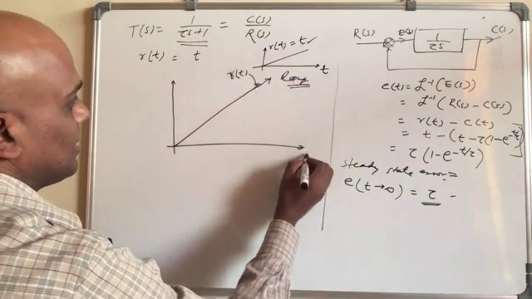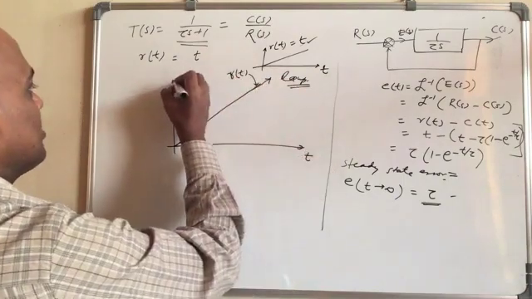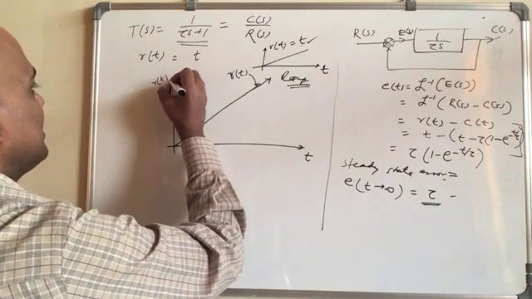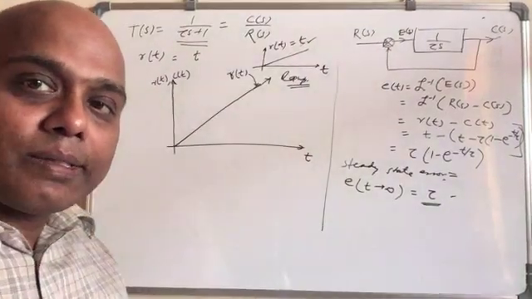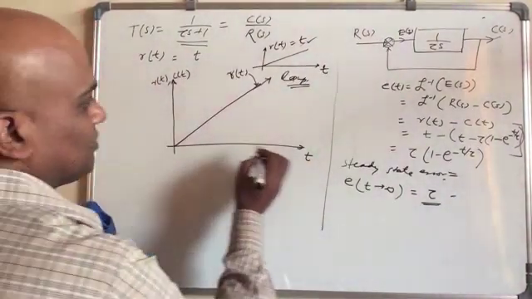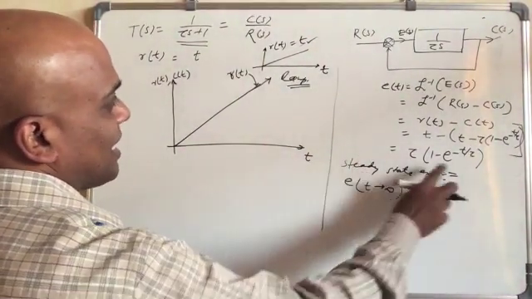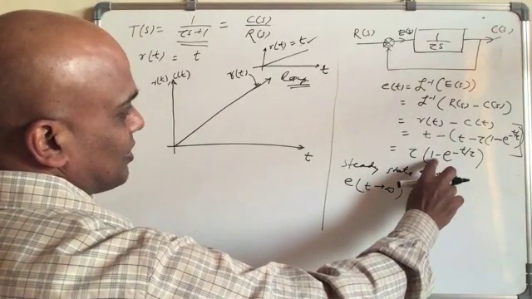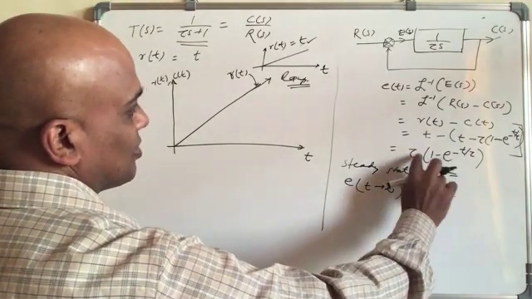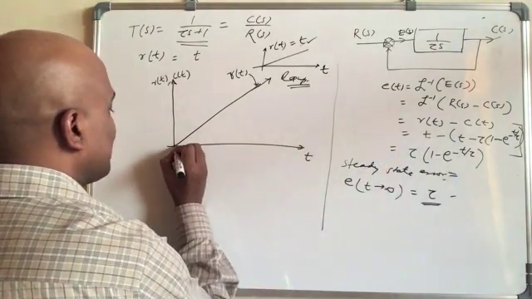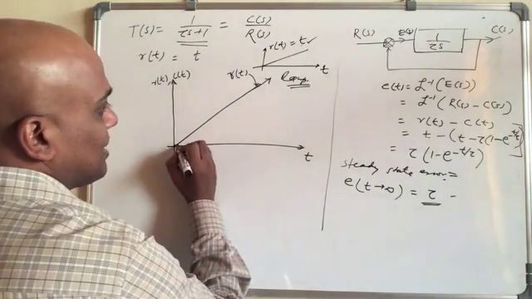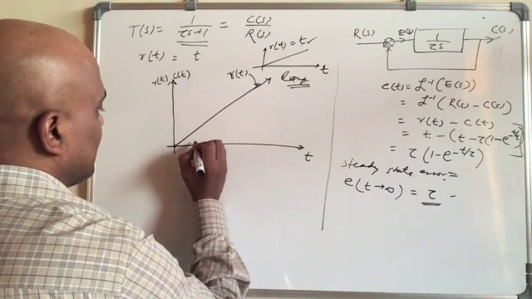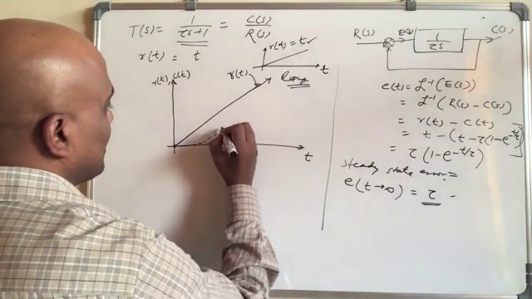Here you are plotting both r(t) and c(t), and the error at t equal to 0 is 1 minus 1 equal to 0. So at t equal to 0, the error is 0, both are at the same place, and after that it becomes something like this.